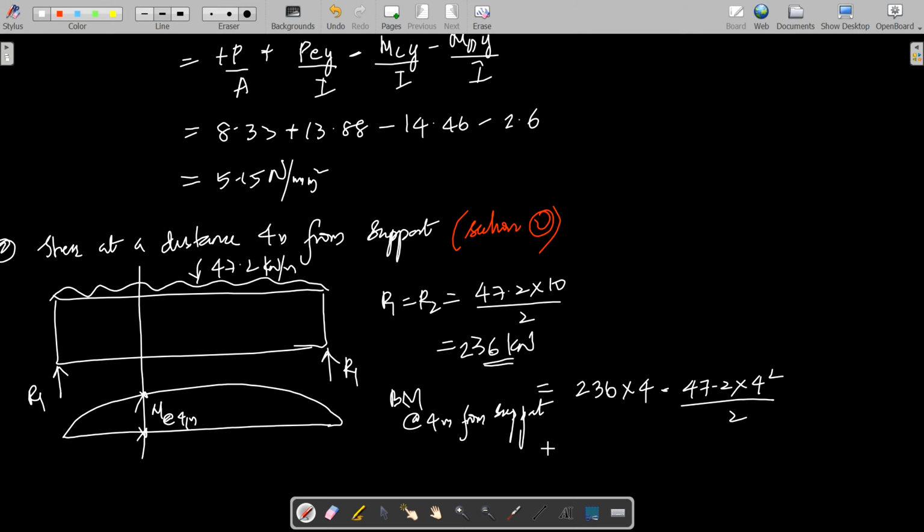That is your basic mechanics. You will get this value as 566.4 kilonewton meter. This I have considered as the total load, which includes the dead load and live load.